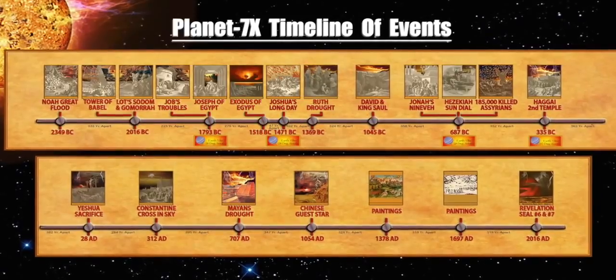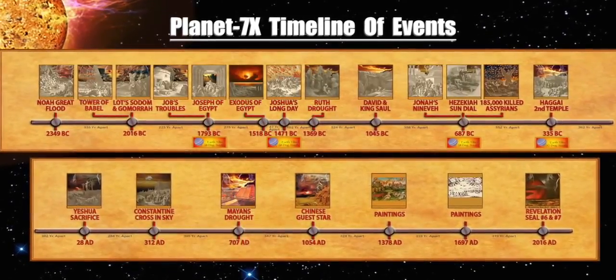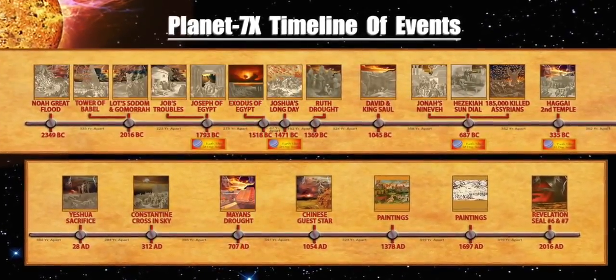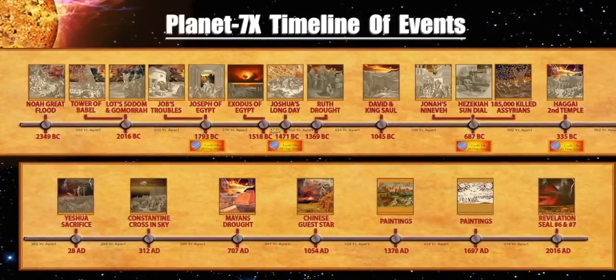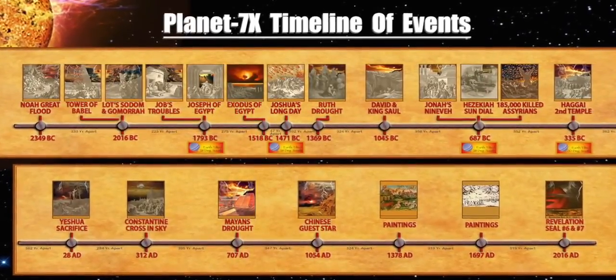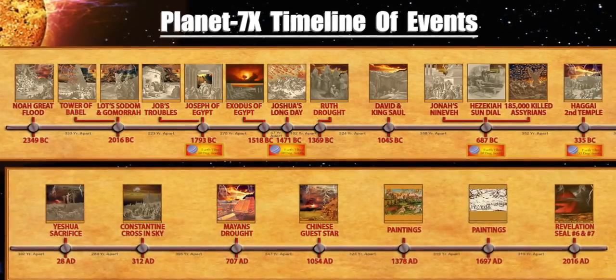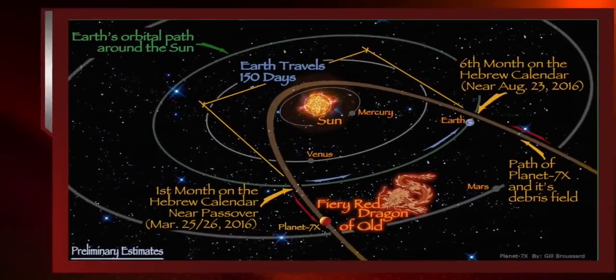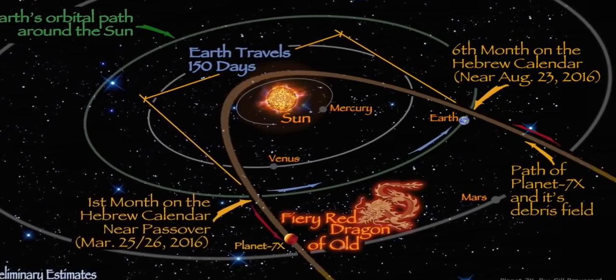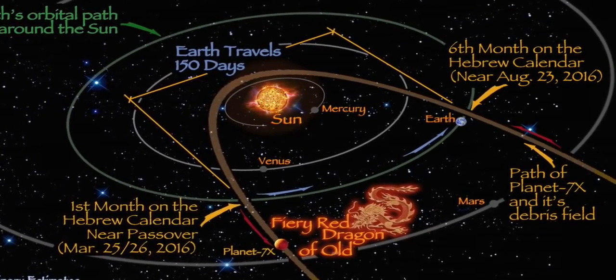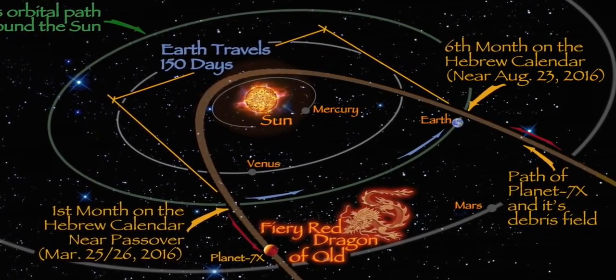And so yeah, that is very interesting. I had read that several times, and I had never connected the dots between the event in Noah's days and the event in Revelation. That is the same amount of time, 5 months. And when you begin to connect these dots, it makes a whole world of sense.